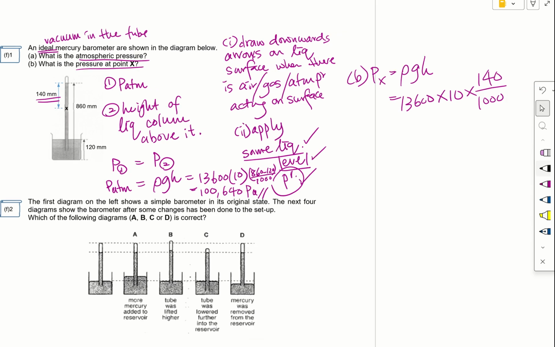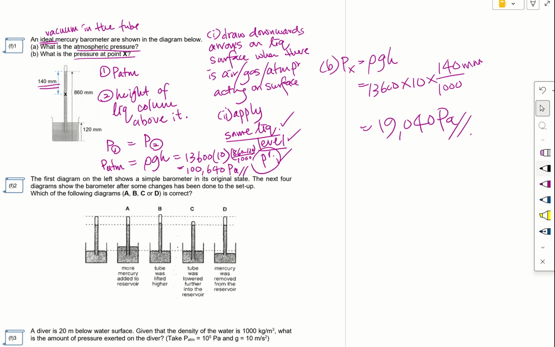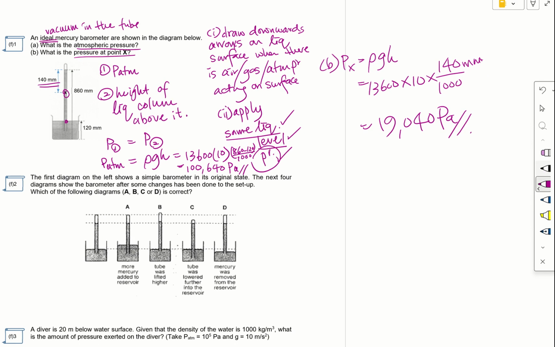I'm converting my 140 mm to meters by dividing by 1000. So 0.14 times 10 times 13600 equals 19,040 Pascal. So the pressure at X is lower than the pressure at point 2 because the amount of liquid acting at X is lesser. That means the weight of the liquid that is supporting is lesser than the weight of liquid at point 2.